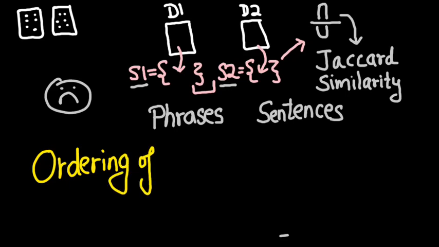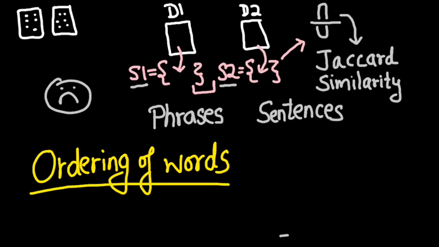You might not be convinced by my statement. Do you think ordering of words matters this much in case we wish to find the similarity between these two documents? Maybe, maybe not. So let us look at an extreme example, to convince you that ordering of words is very, very important. So I give you two documents again.